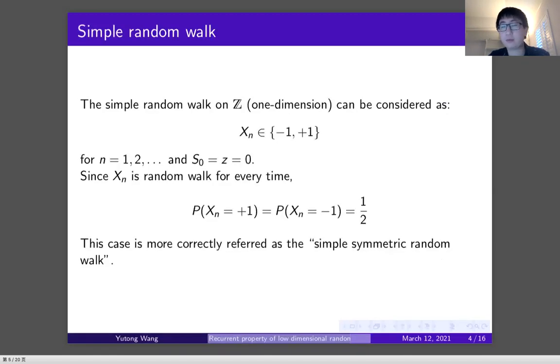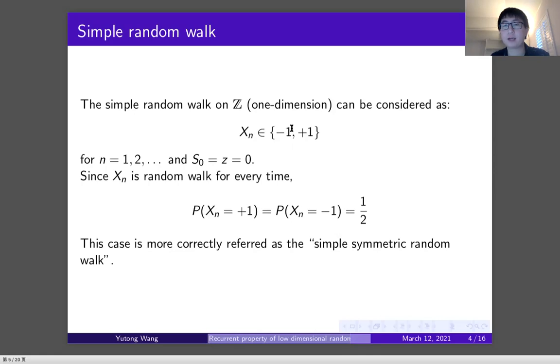So for a simple random walk, for the z we just mentioned, we can denote it as 0 for the original point. And for each step, we only consider it either going backward or forward with a distance of 1.